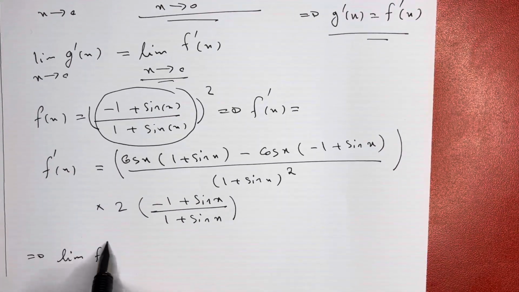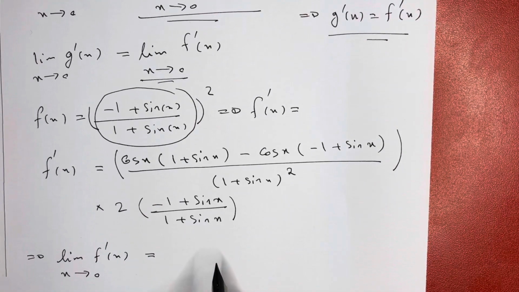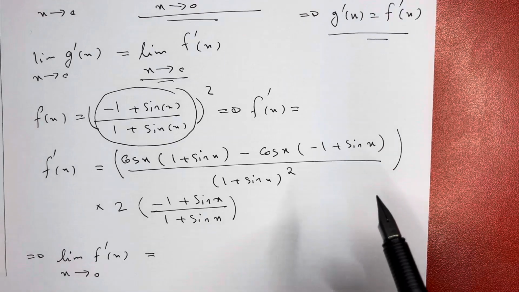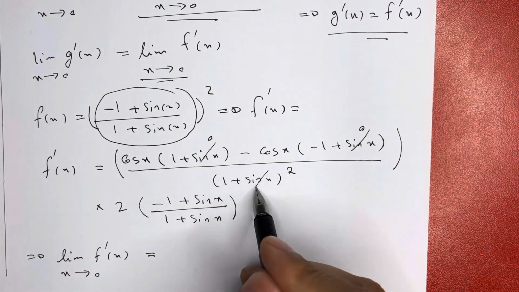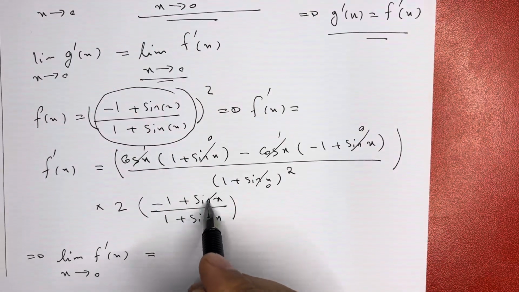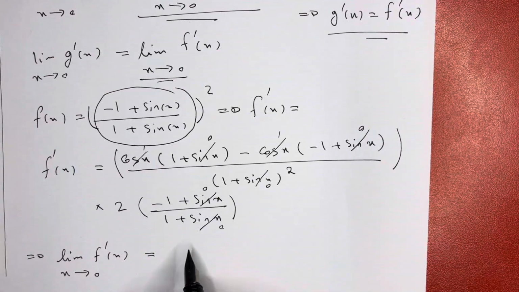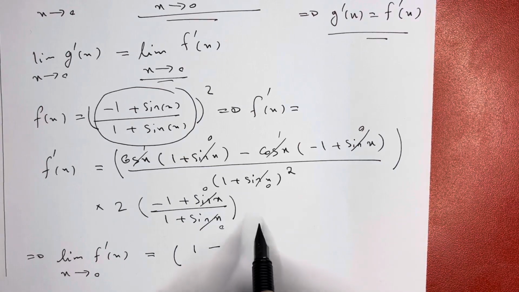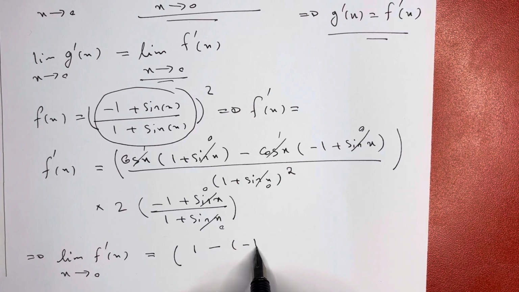So the limit of f prime x as x goes to 0: if you put 0, sine x will be 0. Whenever you see sine x, you put 0. Cosine x will be 1. What is going to be the result? The first parenthesis is 1 times 1, which is 1, minus 1 times minus 1, which is minus 1.